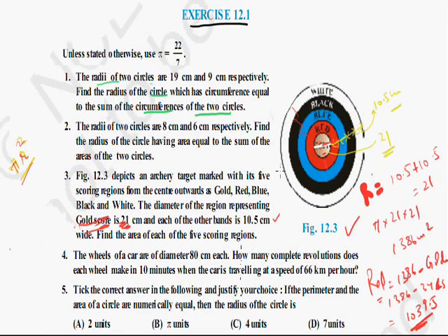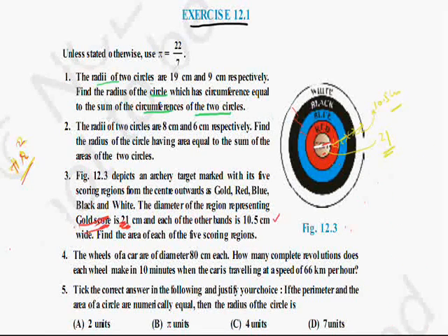Now similarly, when you go for the blue region, here the radius is 10.5 for golden, then red is again 10.5, plus 10.5. Now we'll get the radius up to the blue region here. This is 31.5.